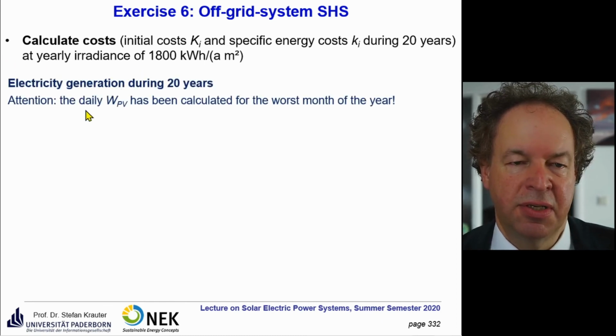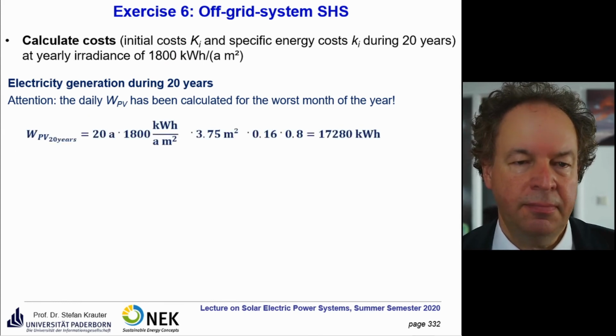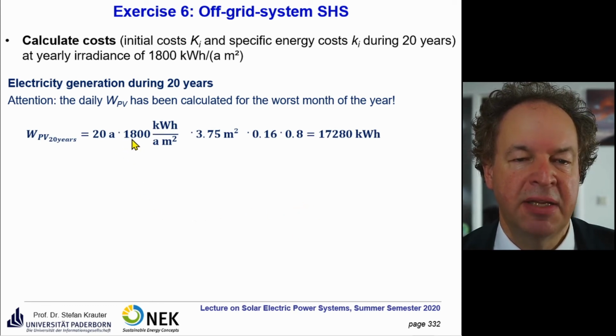So this is what I said. The daily PV production is calculated for the worst month of the year. In summer we have more. So now we calculate the energy being generated during the whole year, or even for 20 years. So we have 20 years times the irradiance of 1800 kilowatt hours per square meter per year.